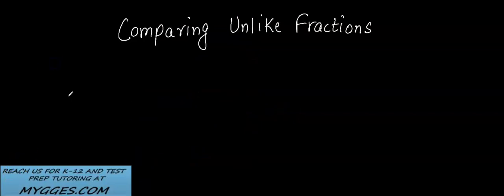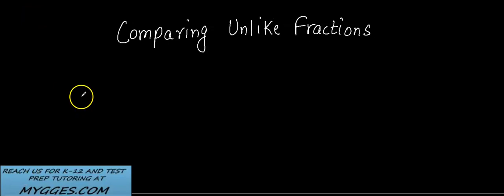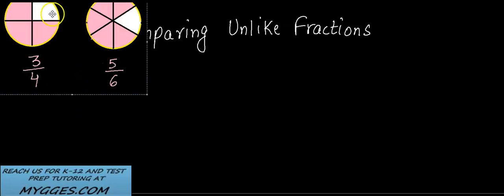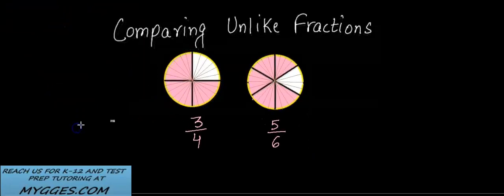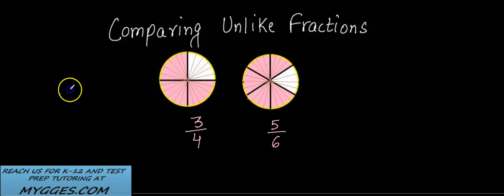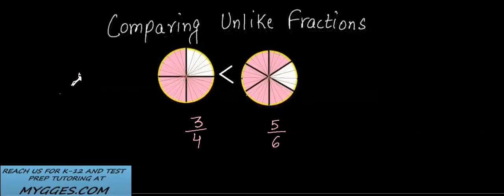Now, let's learn how we compare unlike fractions, or the fractions with different denominators. Let's check out this example. Again, as I've explained in comparing like fractions, if more parts are shaded, that means that fraction is greater. Same in the case of unlike fractions.